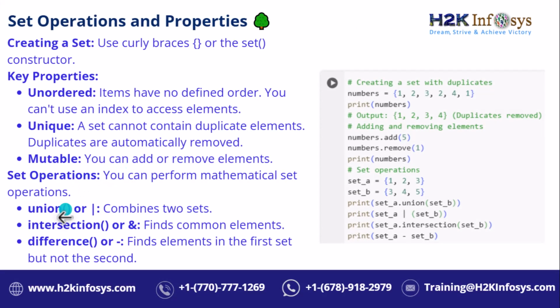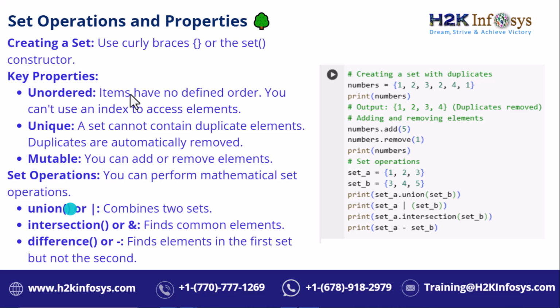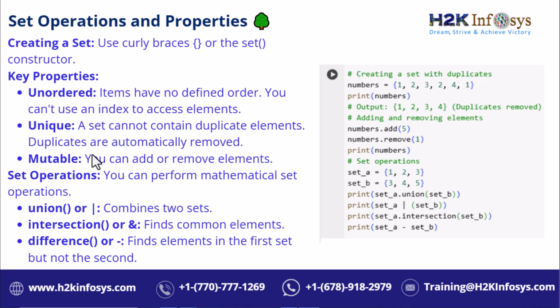So to begin with, first let's see the sets. Sets are created with the help of curly braces or else with the set function constructor. The properties are, it is unordered. It doesn't have any defined order.